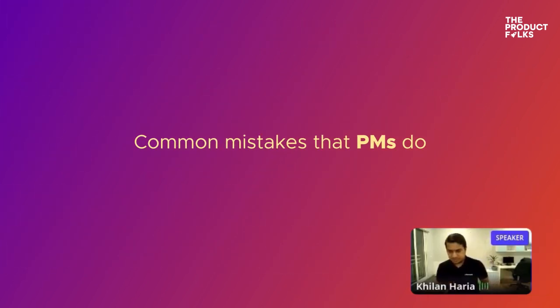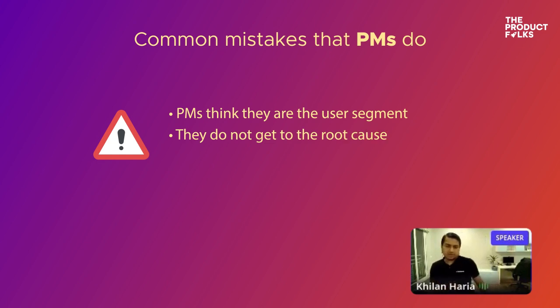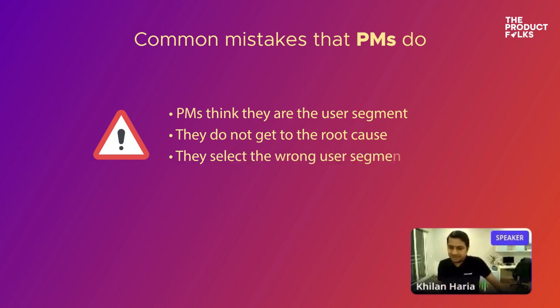A common mistake PMs make is they will think they are the user segment, that this is what they are facing, so their customers are facing the same problem, right? And oftentimes you and I are more mature than most common users. So that is why we may never get to the root cause. So it is very important to look at data, speak to customers, and segment even the problem further, to find what set of customers are facing difficulty to move. Is it linked to a specific app, specific segment, geography, depth of the understanding of the user, all of that.